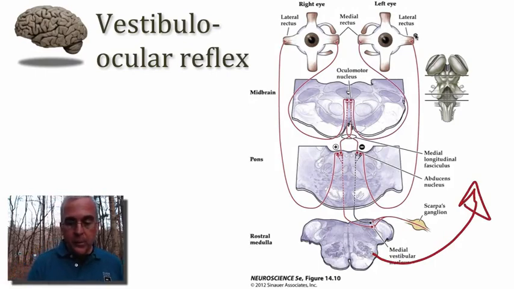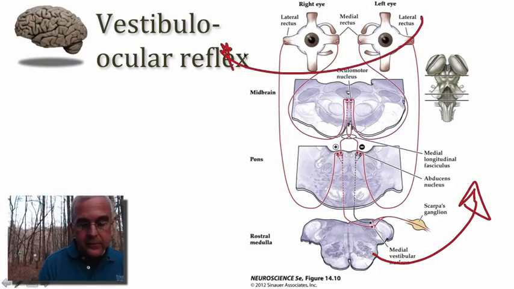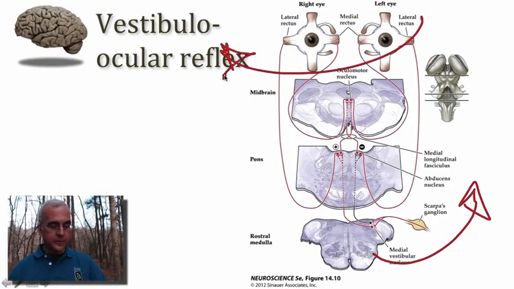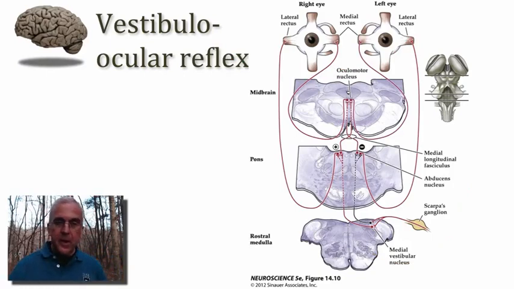And so what we would want to see happen is a turning of the eyes towards the right. So what is it going to take to turn my eyes to the right? It's going to require the activation of my right lateral rectus and my left medial rectus. These muscles will contract and they'll tug my eyes over to the right.